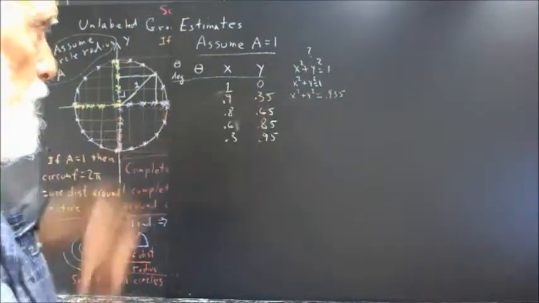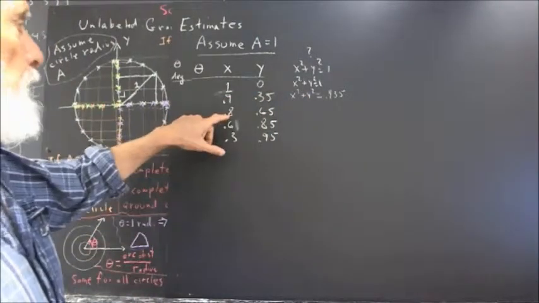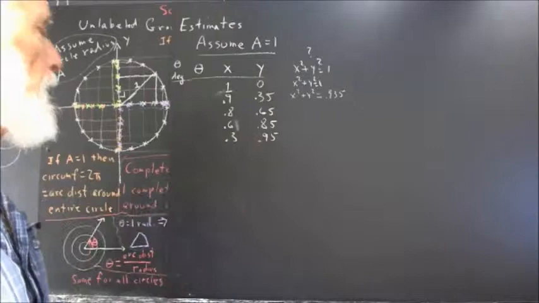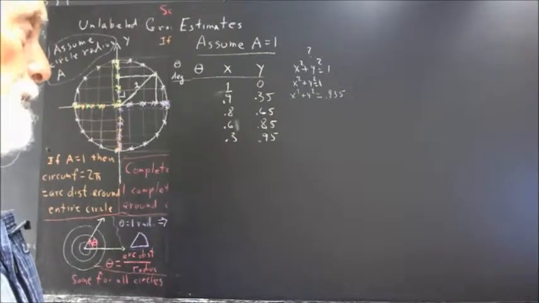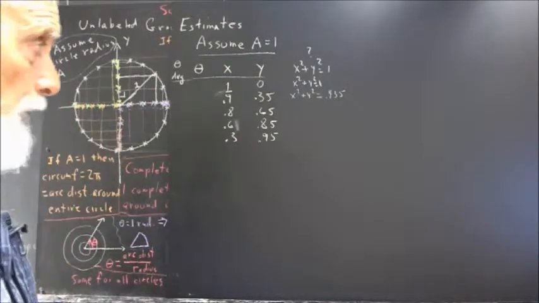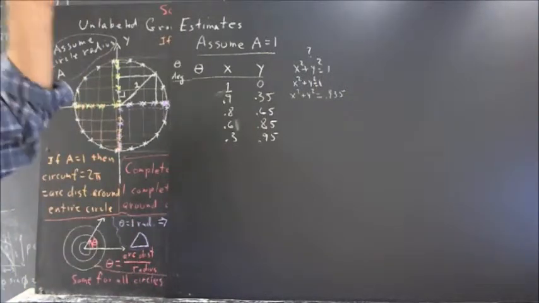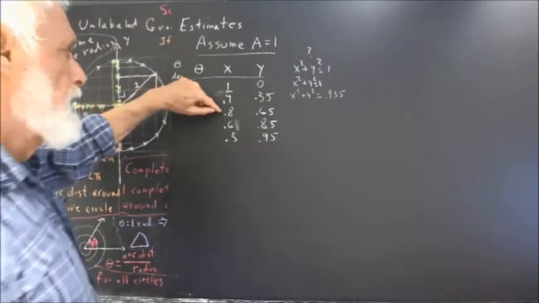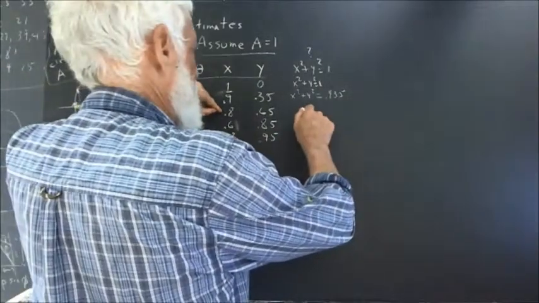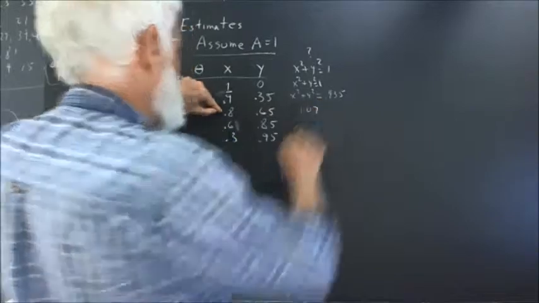So that's not a great estimate. 0.8 squared is 0.64. 0.6 squared would be 0.36. 0.65 squared is going to be more like 0.43 or something. And if I add those up, I get maybe 1.07.